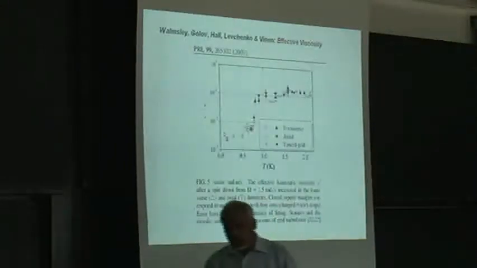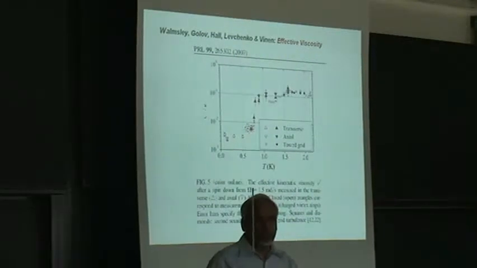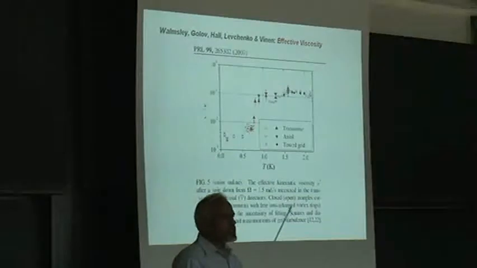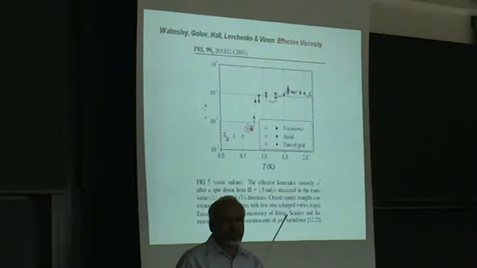From these decay laws, you can actually measure the effective viscosity associated with the decay of this tangle of quantized vortices. And this is very similar to the effective viscosity of classical turbulence, except that we know the effective viscosity of classical turbulence will depend upon the geometry, will depend upon a number of other things.